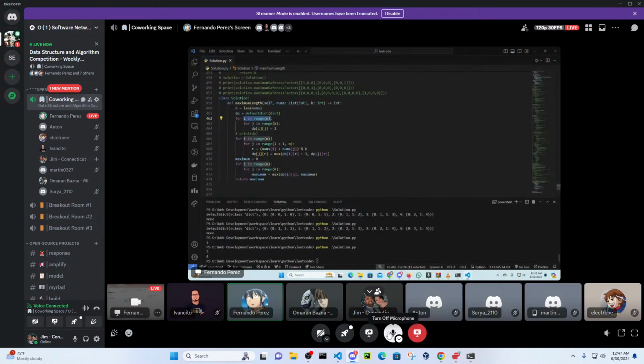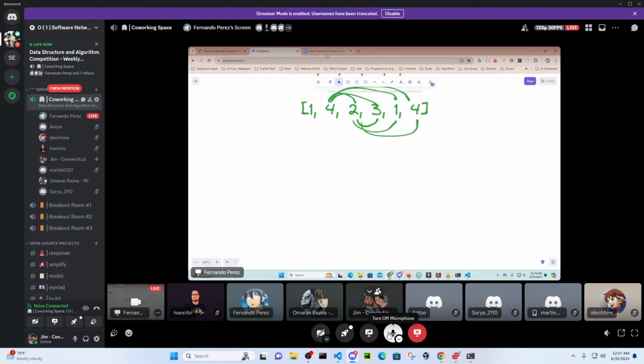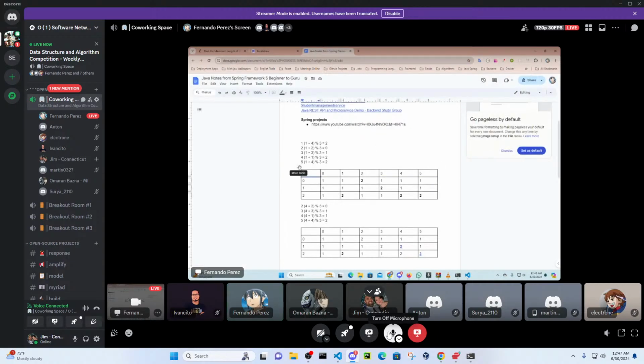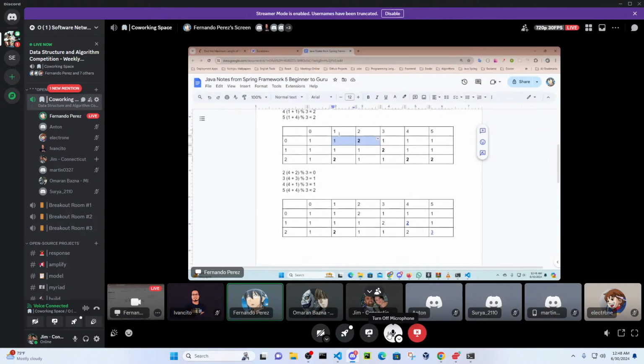So that's from n to k minus 1. So for k minus 1, I'm going to set this kind of memory to save for each element. That means I'm going to build some kind of table. I'm going to set this table, and I'm going to start with 1.